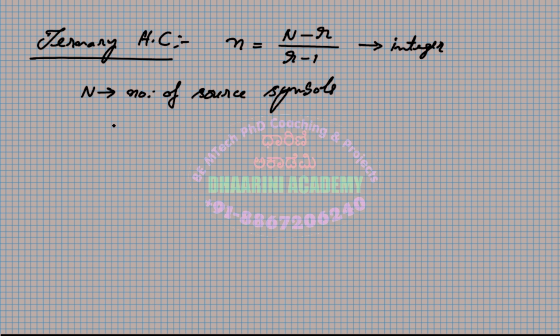So r becomes the base, right? That means this is 3 for ternary, and this value becomes 4 for quaternary, right? Quaternary uses 0, 1, 2, 3, etc. Like this, we have to do the calculation.